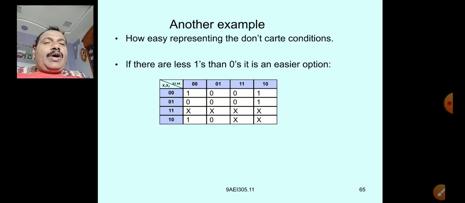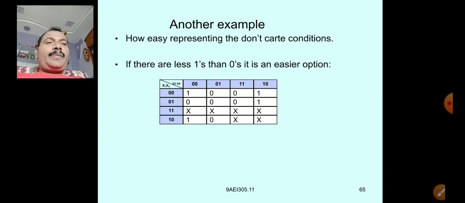After this, what you have to do is make octet, quad, pair. That is the priority: octet, quad, pair. If pair is also not possible, then you go for a single one group.